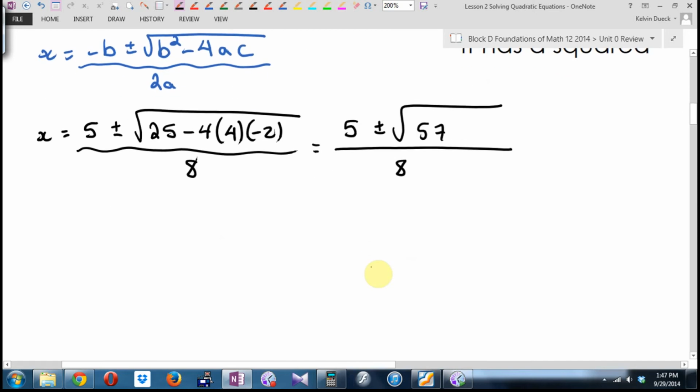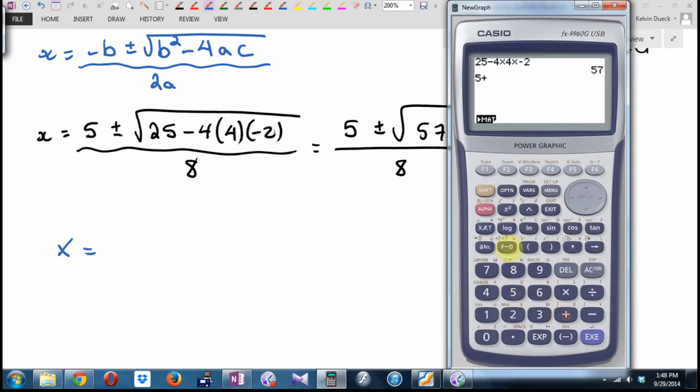And now I'm going to actually go for the roots, the solutions, the x-intercepts. They're all the same thing. The zeros. To type this in on my calculator, I cannot go 5 plus square root 57 divided by 8. That's wrong.